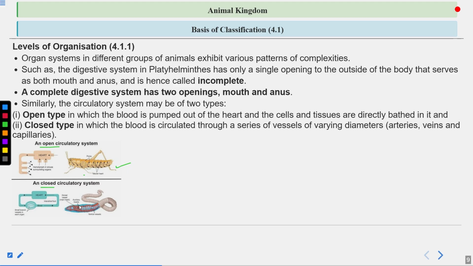They have hearts, and from the hearts the blood is circulated via arteries, right? So they have blood vessels. It is not open type, it is closed type. So closed circulation of blood is there.